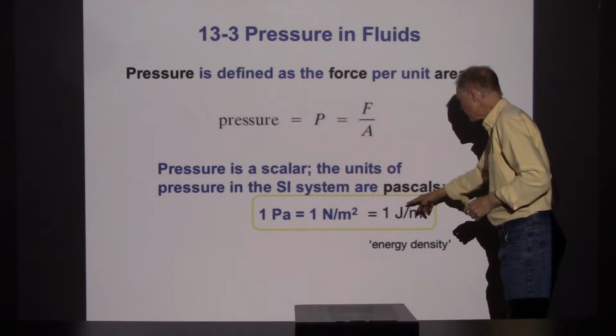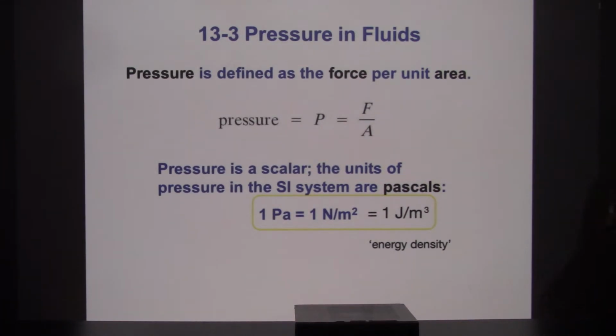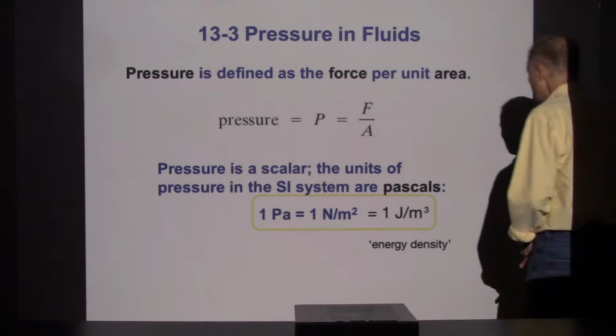So I added this in. Pressure can also be written as an energy density. So something under high pressure is actually storing energy, because when you release the pressure, the material can push back. So it can transfer, and if you pack something in and created something under high pressure, that represents energy that you've stored in that high pressure material.